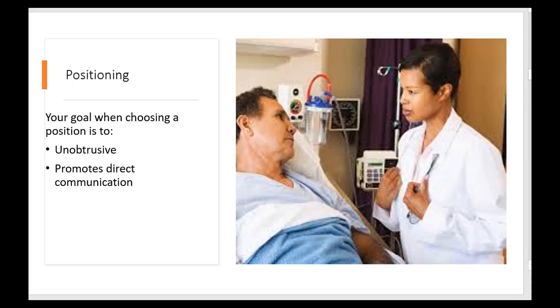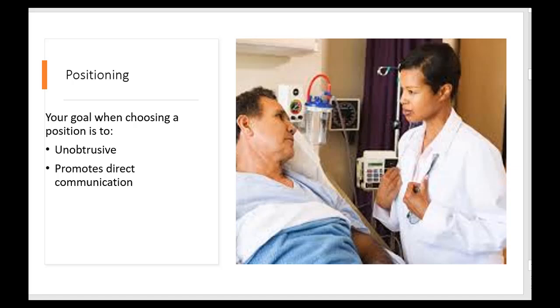The other reason we take positioning into consideration, and have to be thoughtful as to where an interpreter is going to sit or stand, is because we want to choose a position that promotes direct communication between the patient and the provider.